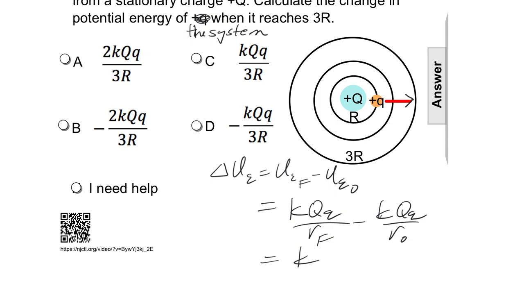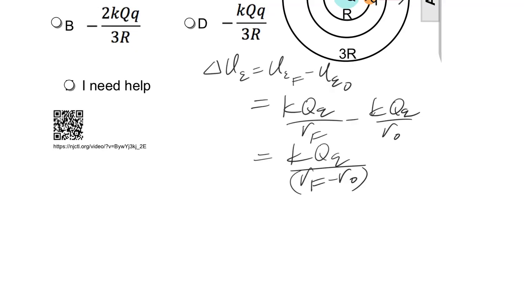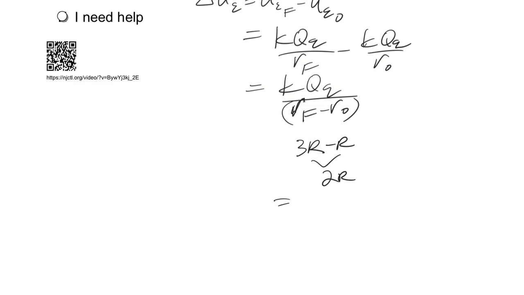So basically it'd be K times that. And so RF minus RO would be 3R minus R. And so that'd be 2R. So we get KQQ over 2R.